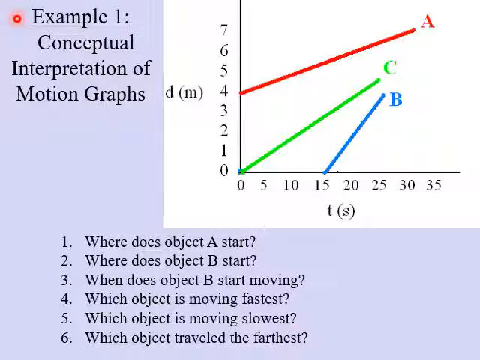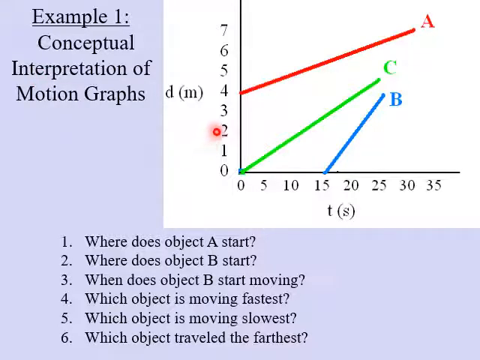This is our last slide of this part of the lecture, of part 1. And we'll treat this like a mini conceptual quiz that you can take while you're watching this video. This puts together a lot of the concepts that we covered in this video on how to interpret motion graphs. So you can see our graph here.